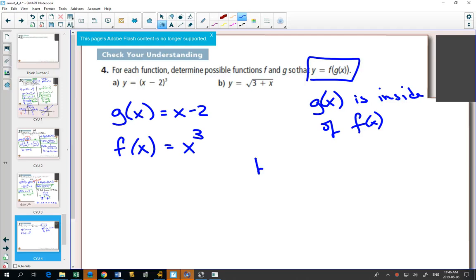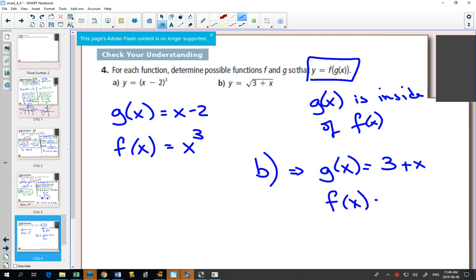For B, our inside function is 3 plus x. What's happening to our inside function? It's getting square rooted. So our outside function square roots.